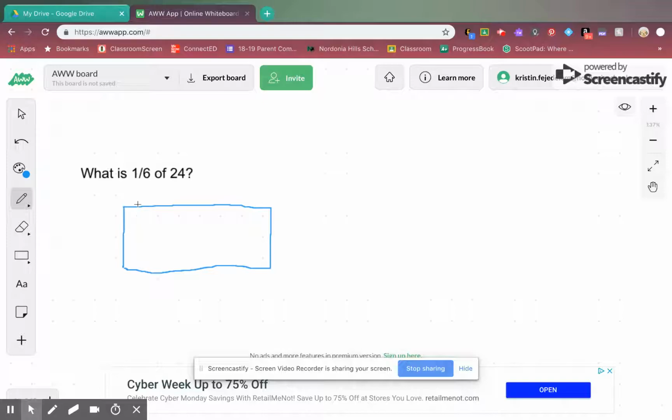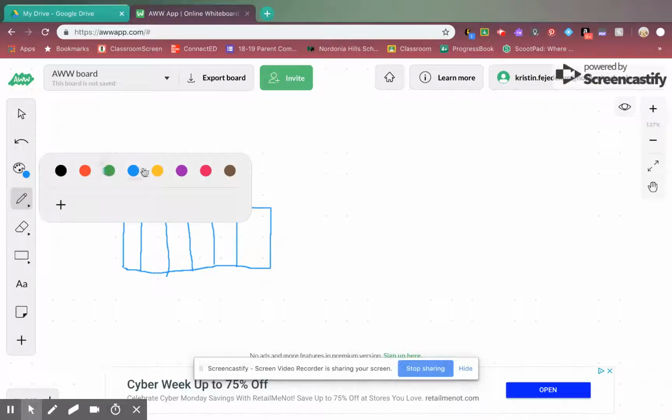So we will be breaking the rectangle into 6. Remember, if you're breaking into 6, that means you really need 5 lines. Try to make them somewhat equal. It's a little bit bigger on the end, but we have 1, 2, 3, 4, 5, 6.